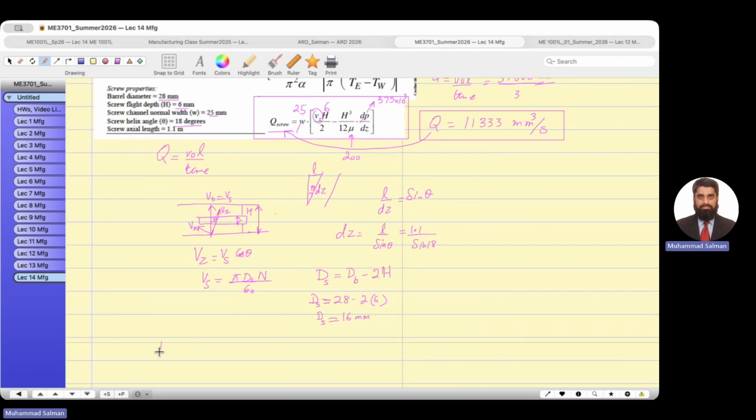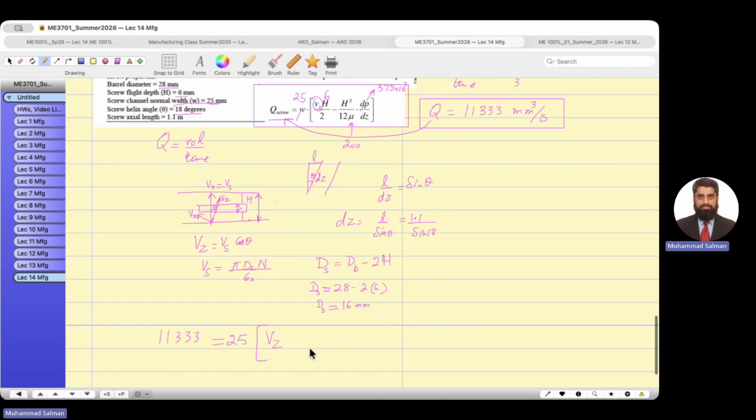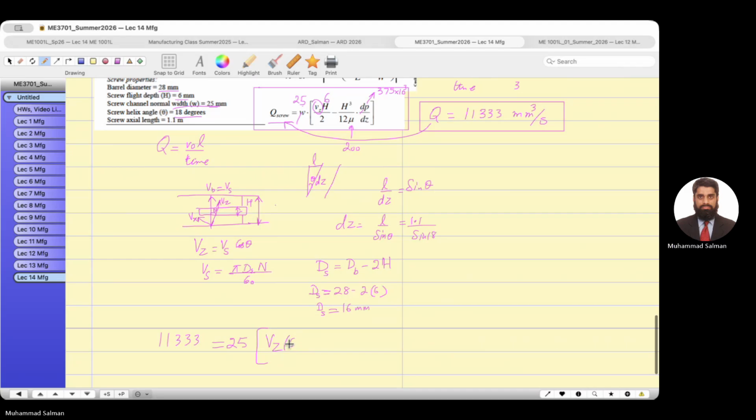Q screw is 11,333. The width of the channel is 25. The normal width is 25. And then parenthesis starts. Vz, you have to find out. The flight height is 6. Divide by 2 minus 6 cubed in millimeter.